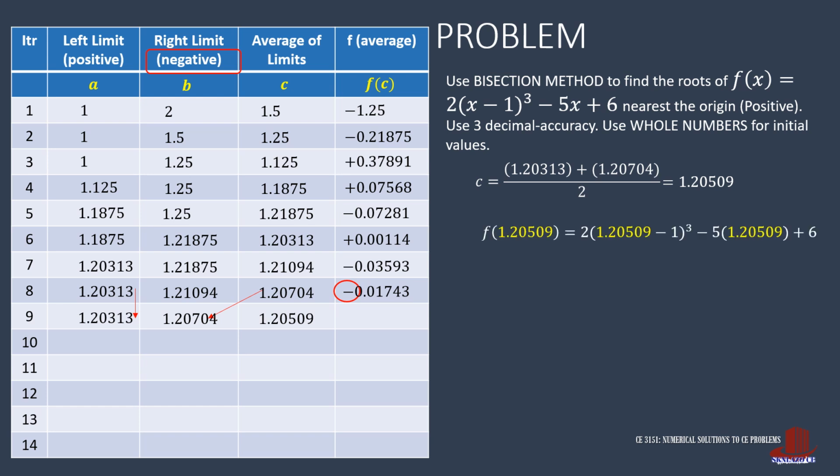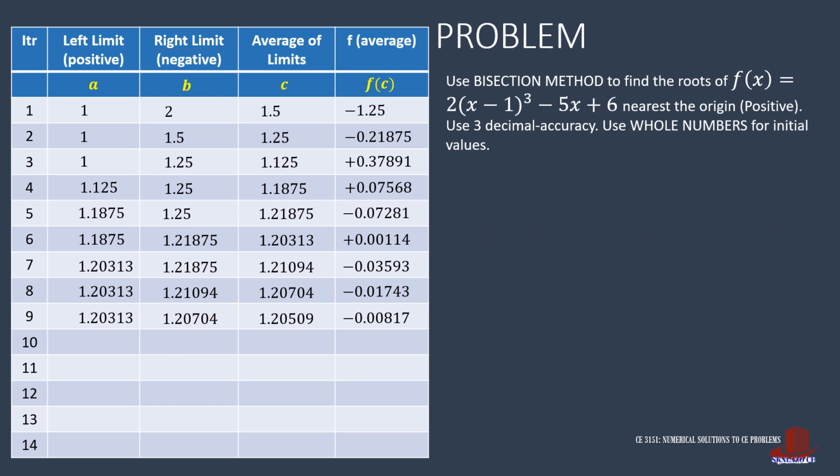Place this into the function and have 2 times the cube of 1.20509 minus 1 less 5 times 1.20509 plus 6, which turns out as negative 0.00817. Now we have another double decimal zeros.